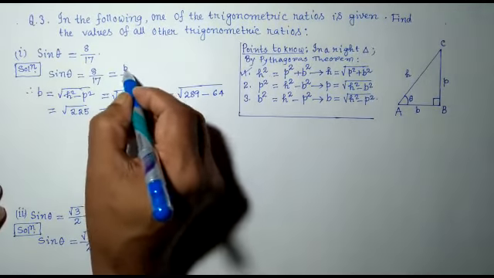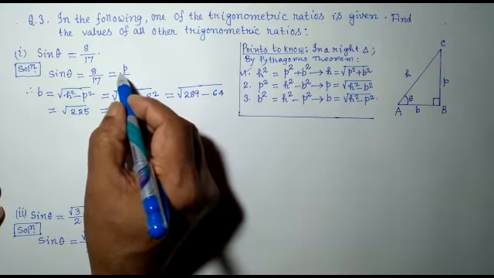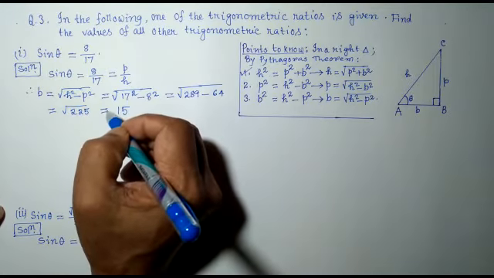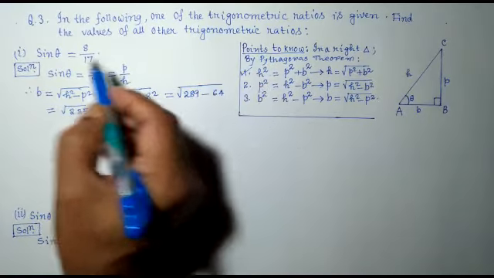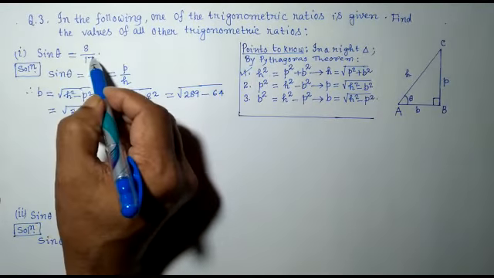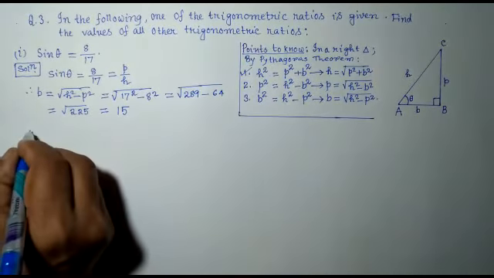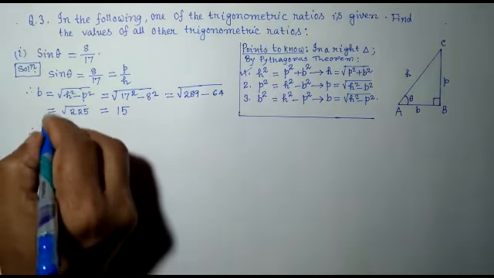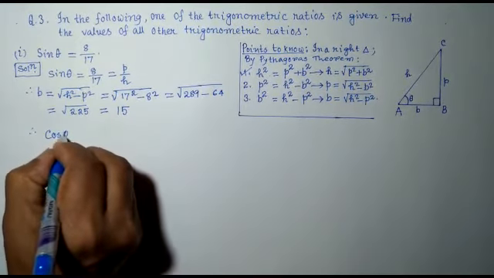The perpendicular is 8 and hypotenuse is 17. When we know all the three sides of the right triangle, we can find all the trigonometric ratios. Now sin theta, one ratio is given, we have to find the other trigonometric ratios. So think, the next of sin theta is what? Cos theta. Sin theta is already given. So what is the cos theta formula?